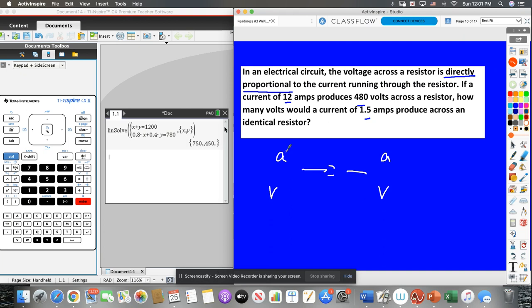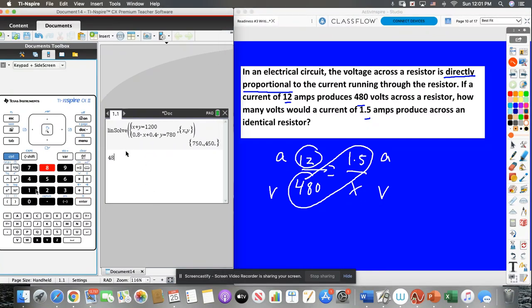And you're going to set up 2 fractions. So they give me 12 amps is to 480 volts. And then 1.5 amps. And they want to know how many volts. So you cross multiply, you multiply these 2, and divide by this. So you get 480 times 1.5 equals 720.